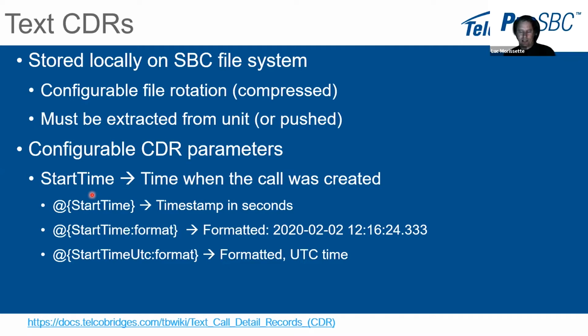And every time the file is rotated, it's compressed on the disk, and it will stay there unless you do something to extract these files from the unit or push them outside of the device. Okay, otherwise they will stay there forever. Well, not forever. It depends on the parameters you have set for file rotation and maximum files reserved for the call detail records.